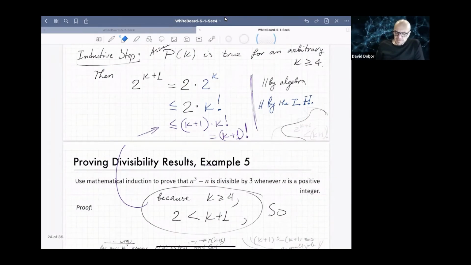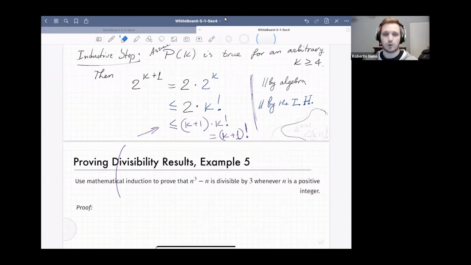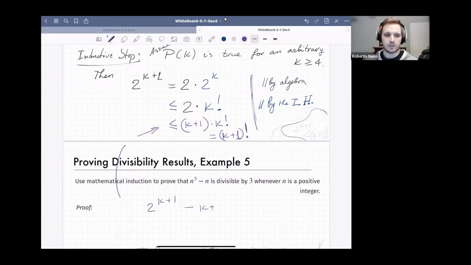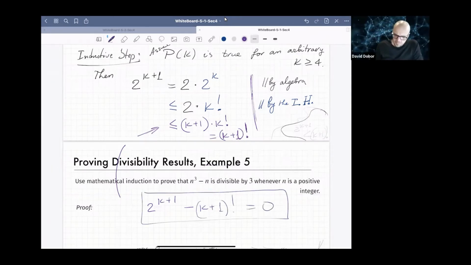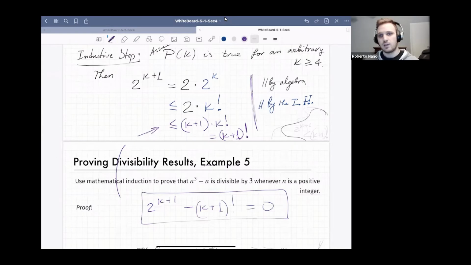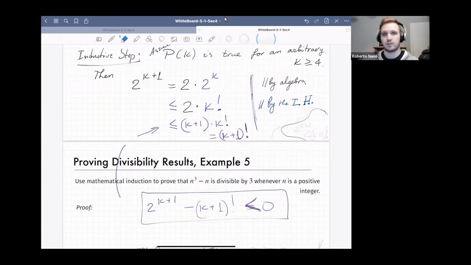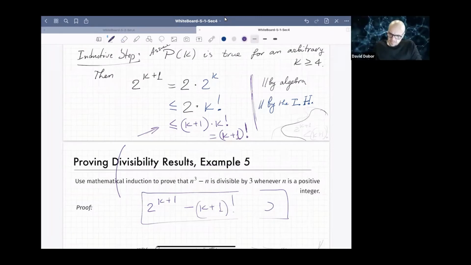On the quiz, it was easier for me to show it was an addition of two things greater than 0. Yes, sure, you can do it.